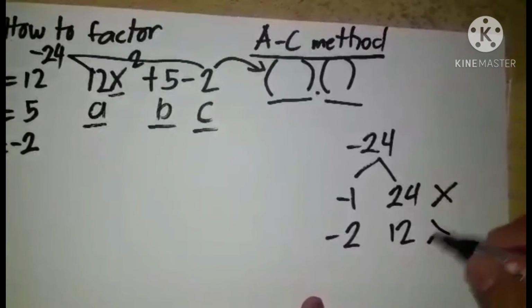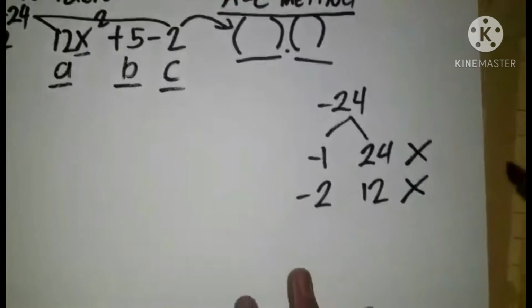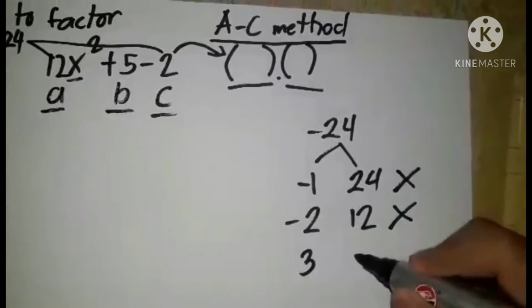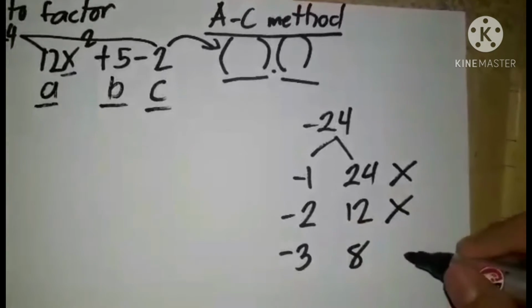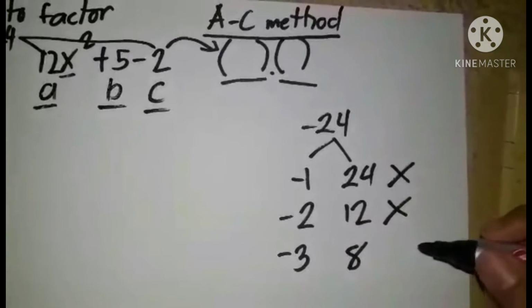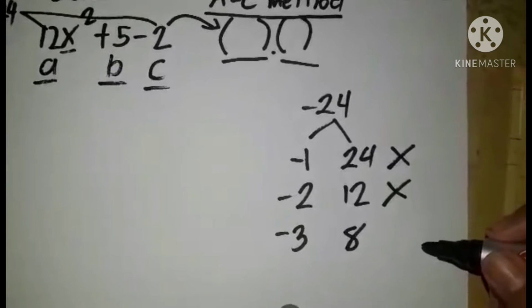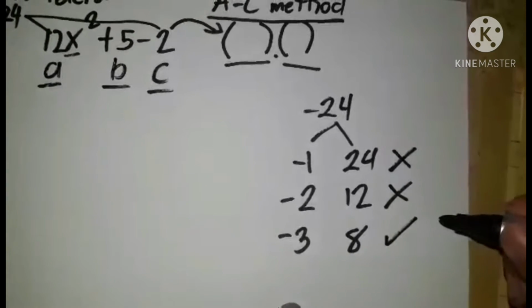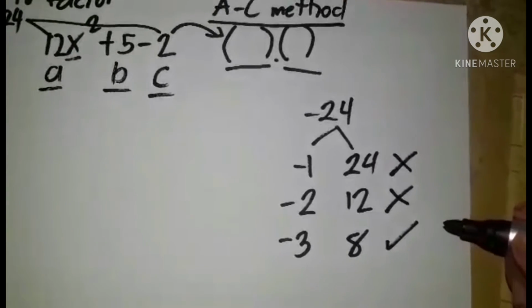So we move on to the next one. How about 3 and 8? Ooh, that seems like it's going to work. One of them has to be negative, so negative 3 plus 8 becomes 5. This works out. So my AC method solution is these two.